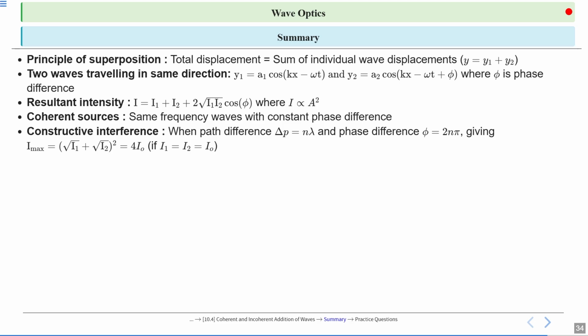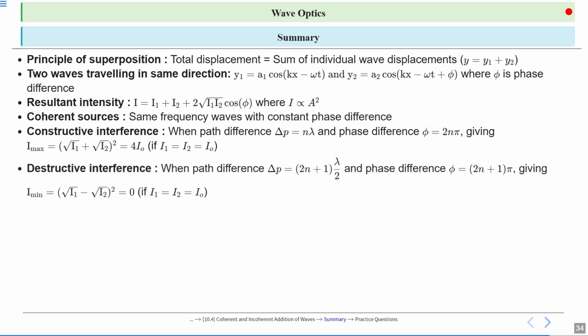We can write I1 as root I1 square and I2 as root I2 square, and this will become root I1 plus root I2 whole square, which is I max. That is equal to 4 I naught. Maximum intensity means when constructive interference happens, phi is 2n pi, so cos phi will become 1.